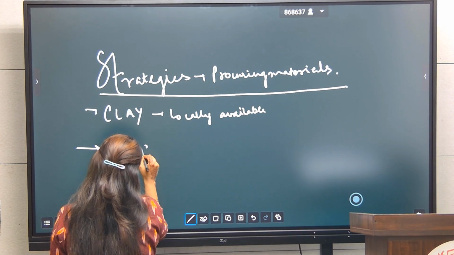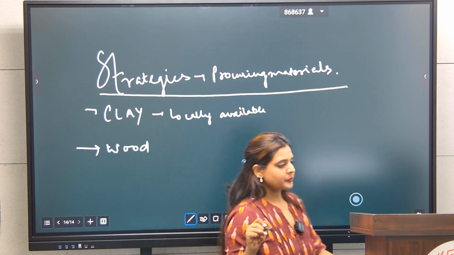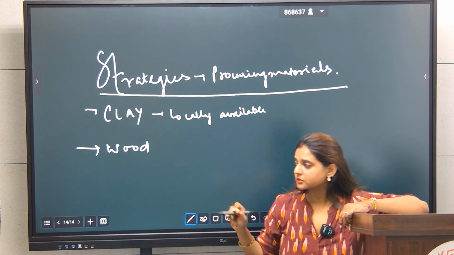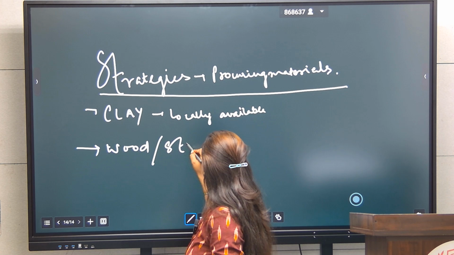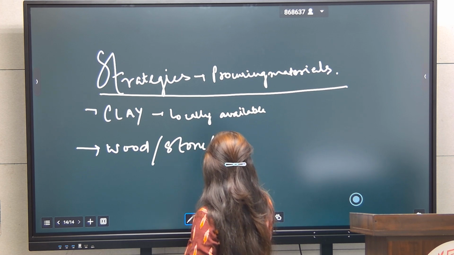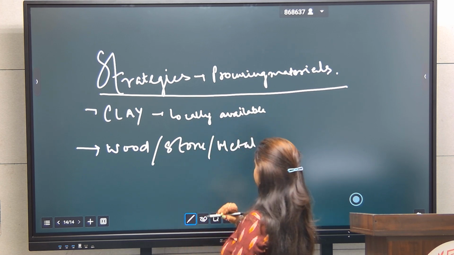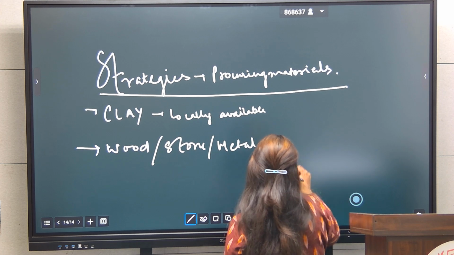Wood, stone, metal. It was procured from outside the alluvial plain.